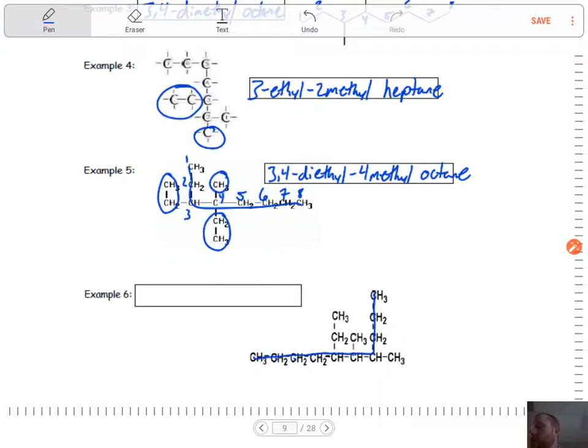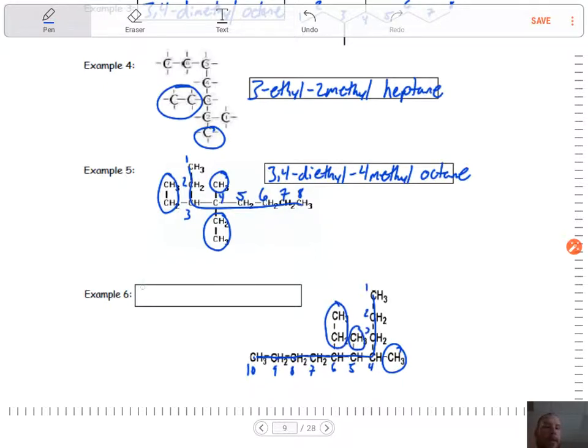So now you've got to think, where's going to be the least number? So starting, guys, right here, 1, 2, 3, 4, 5, 6, 7, 8, 9, and 10. So now there's my main chain. I got a methyl hanging off here, I've got a methyl right here, and I've got an ethyl right here.